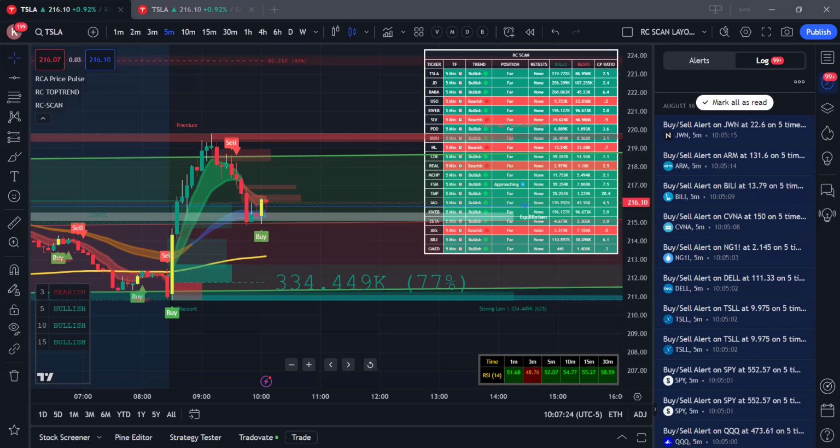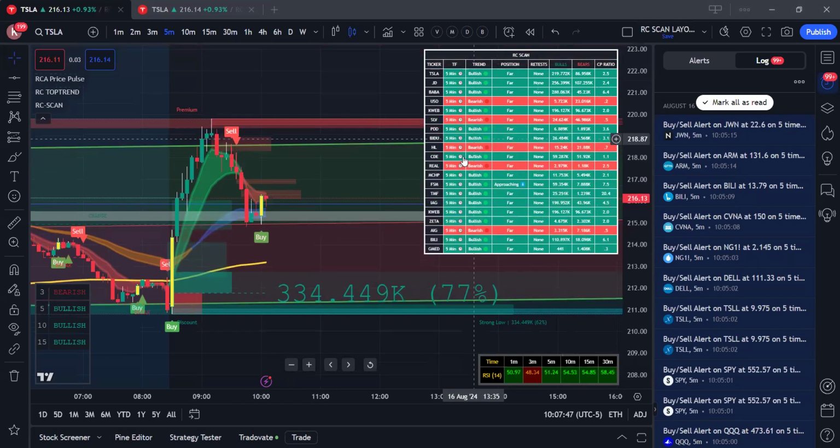I did 217.5 and 215 bull put and collected $130 for today. So selling 217.5 and buying 215. So if Tesla stays above 217.5, then all the money you collected will be yours.